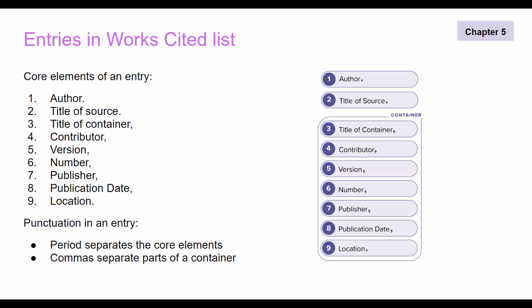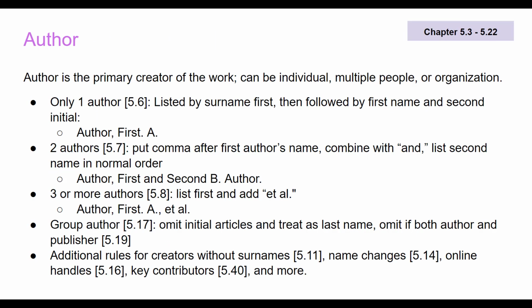But within that container, commas are going to separate the different parts. So between title of container and contributor, contributor and version, version and number, so on and so forth. The periods give visual clues: this is the end of the author statement, this is the end of that title, to help your reader understand the citation a little bit.